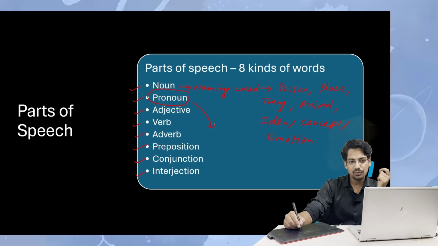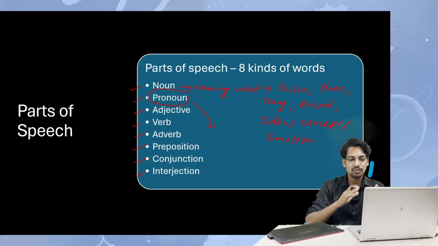Remember that if someone asks you for your introduction, you use your name the first time, that my name is this. After that you don't use the name. Or if I ask you to tell me something about your friend, you name the friend only once. You do not repeat the name over and over again. Suppose your friend's name is Mohan. You say my best friend is Mohan.